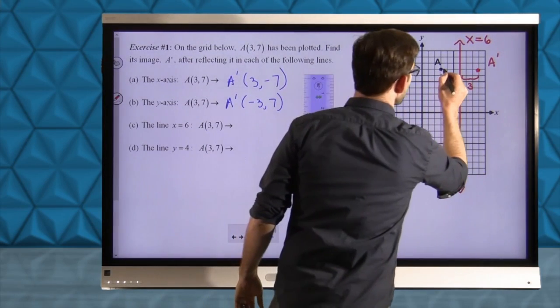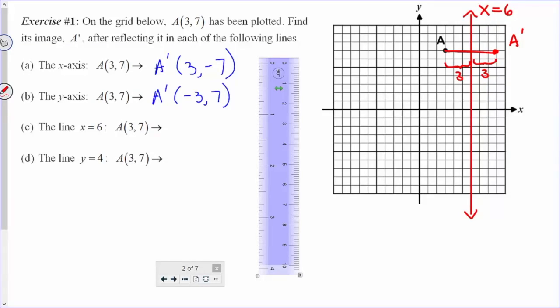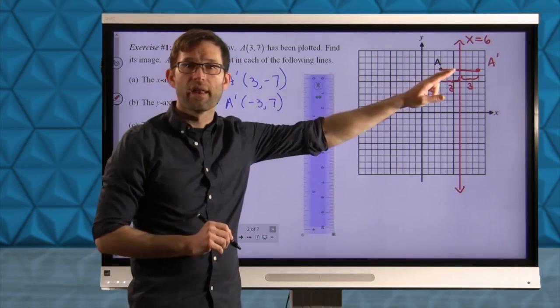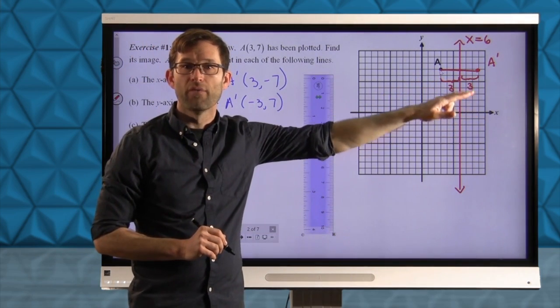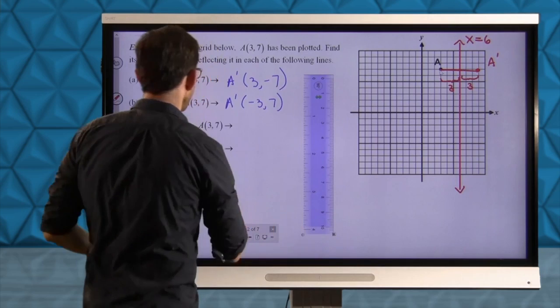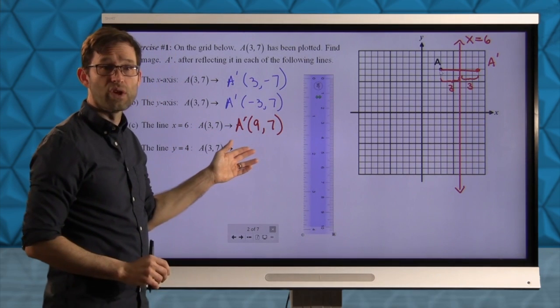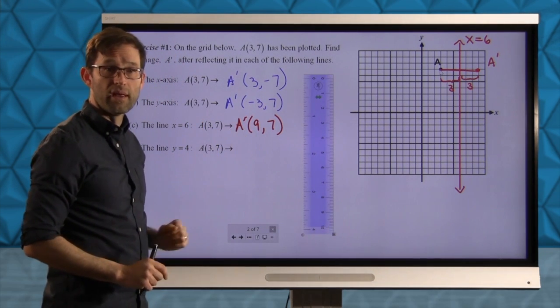Again, this line segment is perpendicular to that vertical line x equals 6, and we're at an A prime value of (9, 7). Just stick in red here, A prime of (9, 7). Certainly the y-coordinate didn't change, but the x-coordinate did.